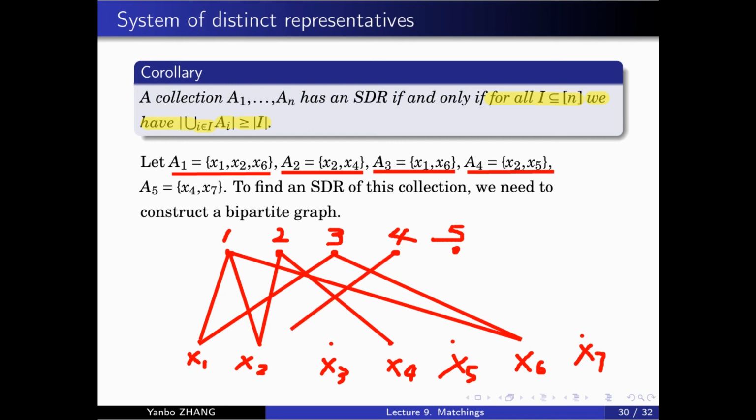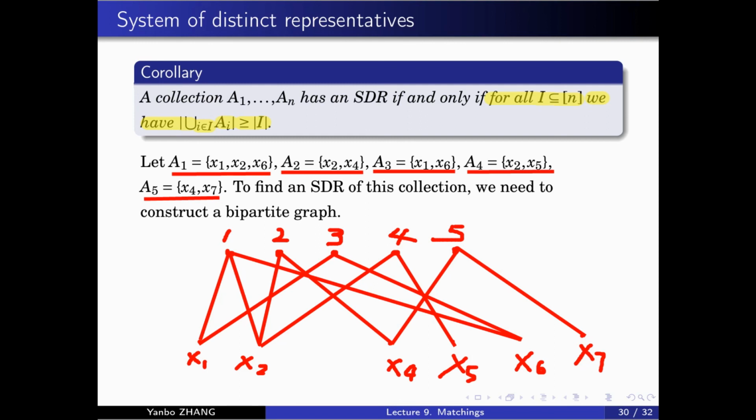So we join the number 4 to x2, x5. A5 has 2 elements, x4, x7. So we join 5 to x4 and x7. Sorry, there is no x3 in any Ai, so we need to delete x3.